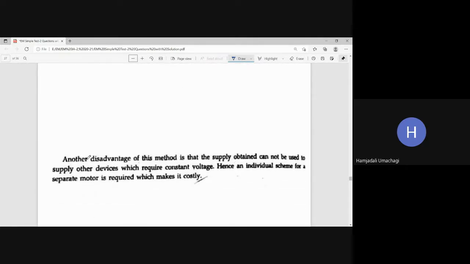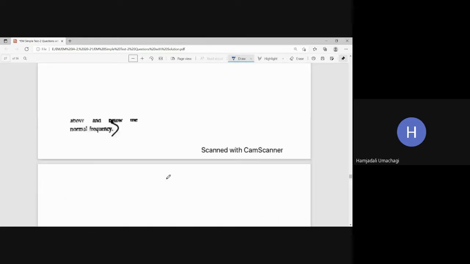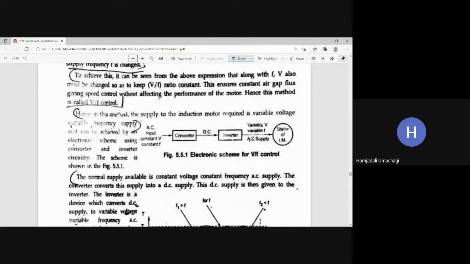Let us see. Another disadvantage of this method is that the supply obtained cannot be used to supply other devices which require constant voltage. Hence, an individual scheme for a separate motor is required, which makes it costly. So here, the output we get from the inverter has variable voltage and variable frequency. This is used only for the speed control of the induction motor.